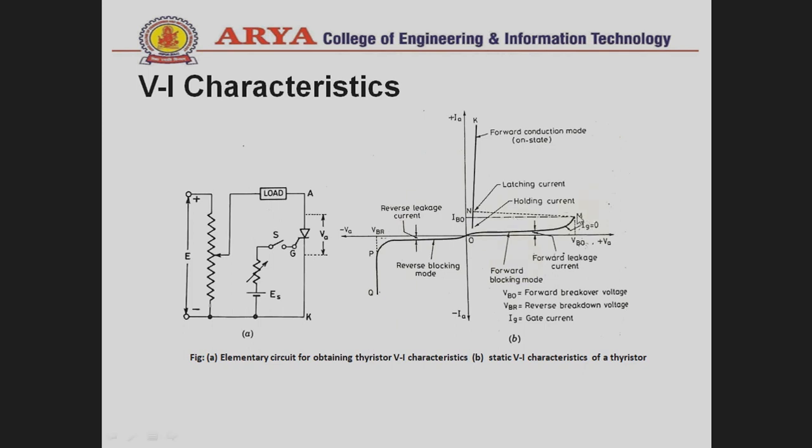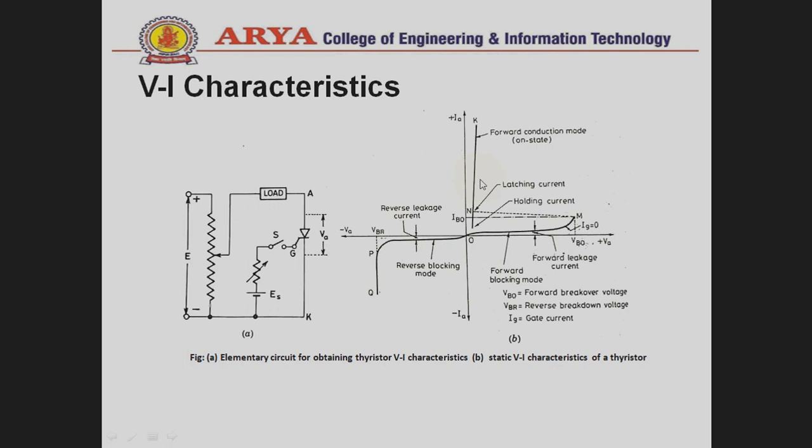This diagram shows the forward blocking mode. In the forward blocking mode, when the breakover, meaning the breakdown, occurs, then the SCR comes in the on state. And if we apply the gate voltage, then also the SCR comes in the on state.